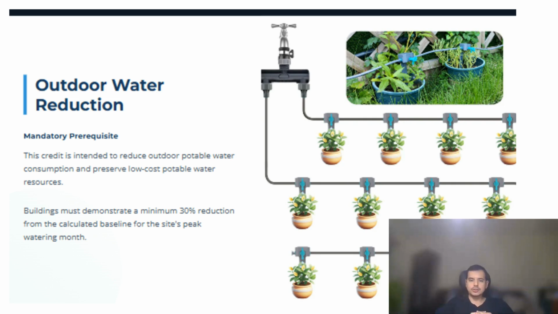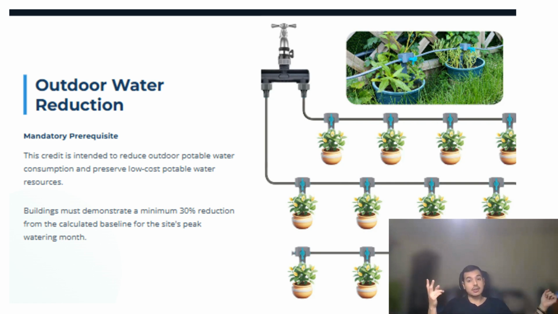For outdoor water reduction, there are two different methods to accomplish this prerequisite. The very first one is you don't need water to irrigate your outdoor backyard, whatever you have outside. You don't need water for it, or at most you're going to need to irrigate it twice per year.